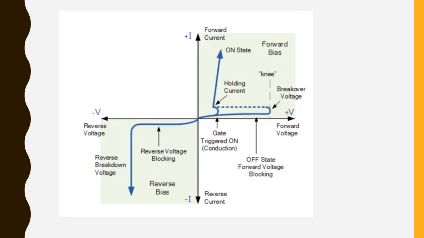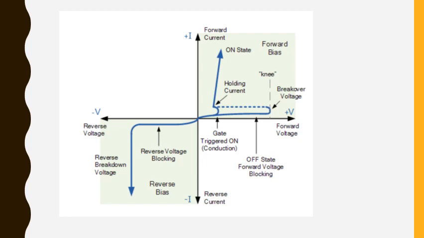So after we have learned the two transistor model, this is the VI characteristics. Now I'm going to talk about the forward voltage, reverse breakdown voltage, reverse blocking state, forward bias, and reverse bias.